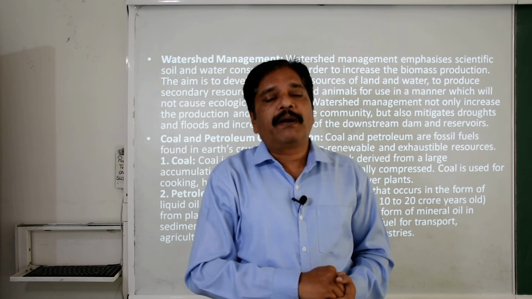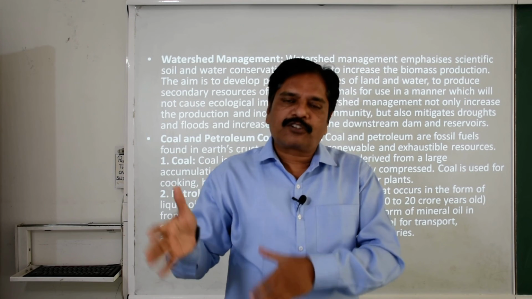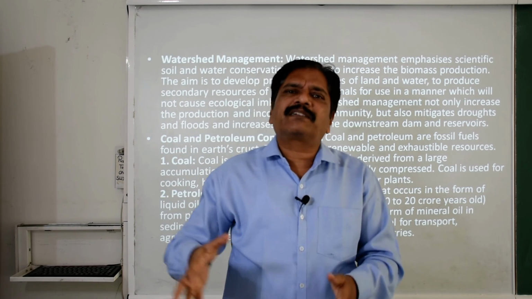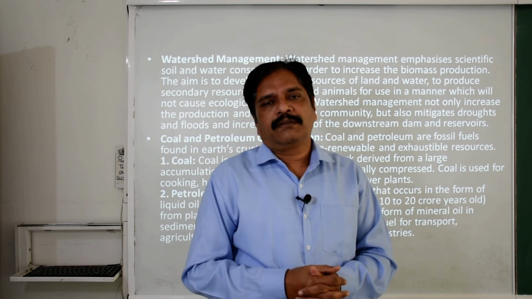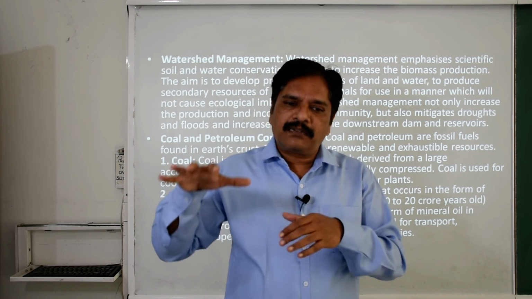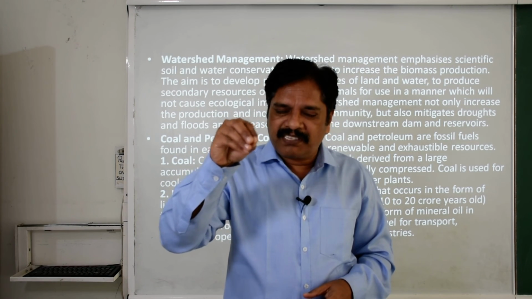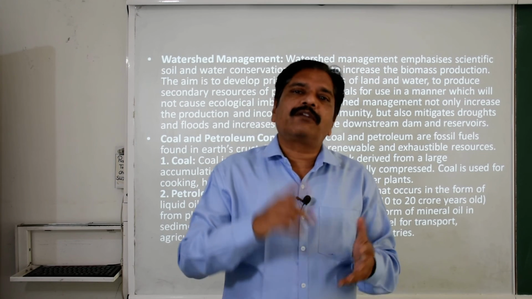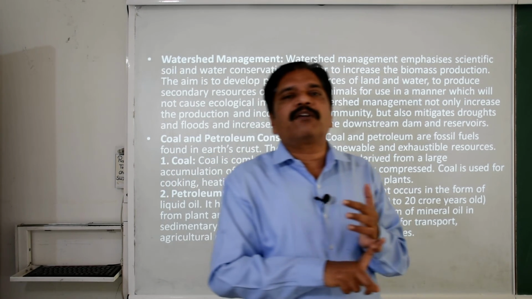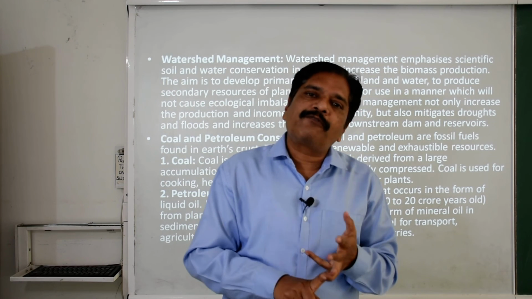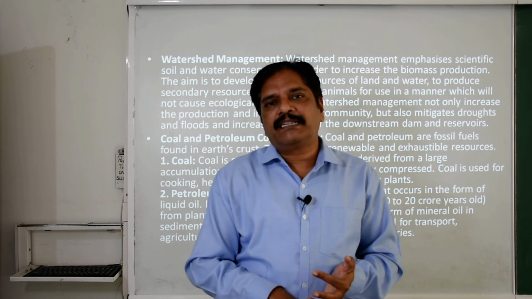Okay, but if we construct small stop dams, by constructing small ponds, it is quite helpful to store this water and allow it to stay for a long period of time. This will not only make sure of drinking water for human beings and cattle, but it is also helpful for agricultural practices.